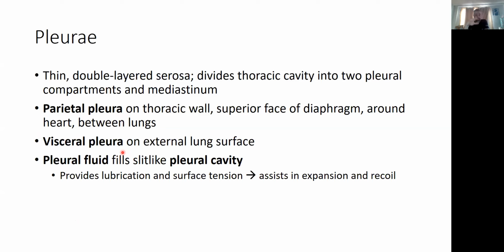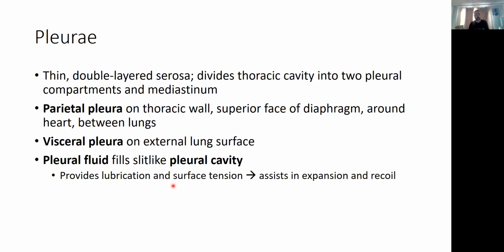And just like we saw with the pericardium, there's a cavity, in this case a pleural cavity, and that pleural cavity is not full of air, okay, as we'll see, that's bad. It's in fact filled with pleural fluid. And just like pericardial fluid, it's there to provide lubrication, but it also plays a role in keeping the lung inflated.